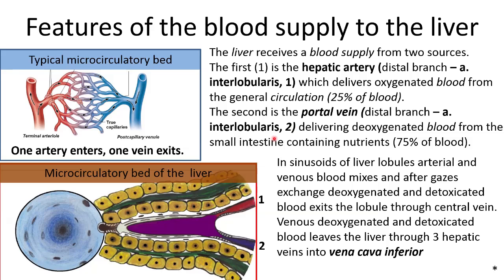And the second interesting feature is the so-named rete mirabile. It means miraculous network, the capillary network of the liver, which is sinusoidal capillaries serving for mixing of arterial and venous blood.